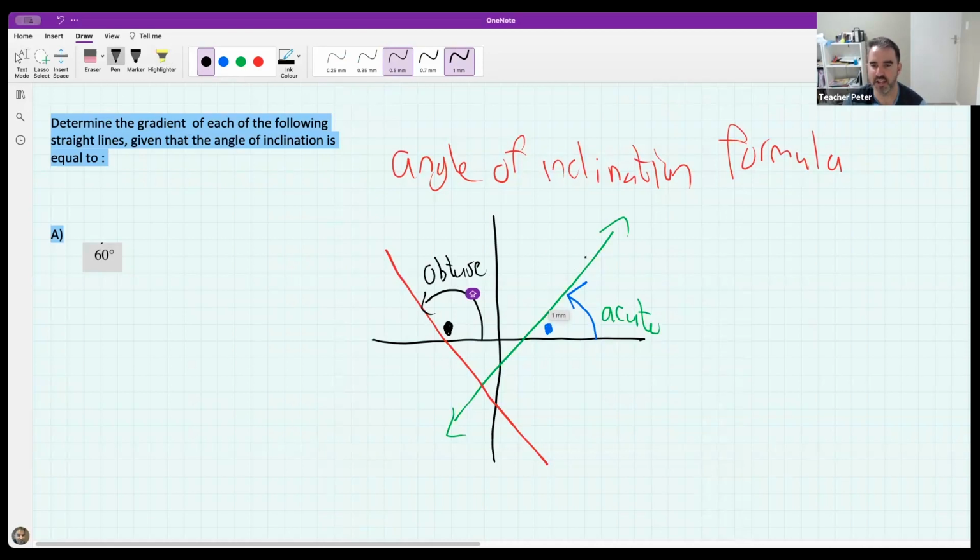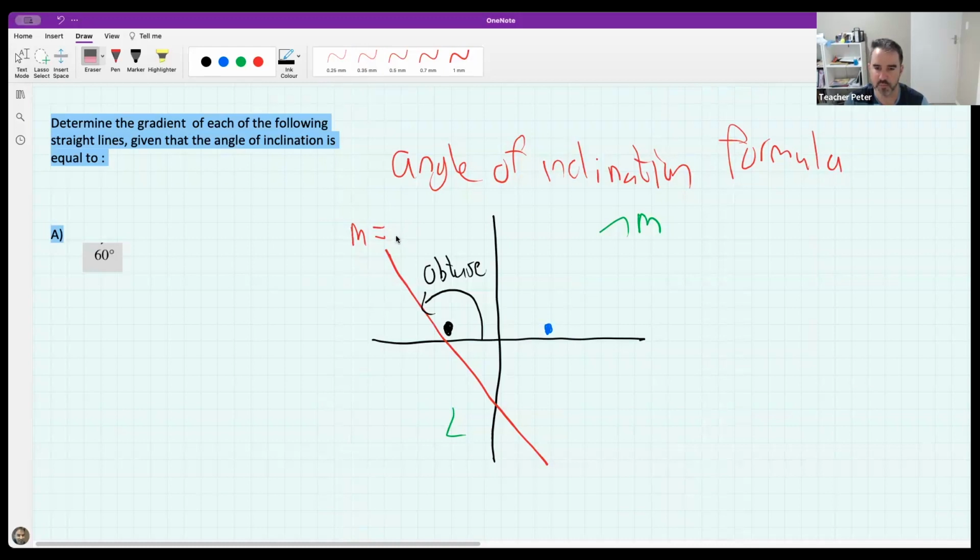And there is a relationship between the gradient of a straight line and the angle of inclination. So if you know what the gradient is, you can work backwards to get what the angle of inclination is. And all that we need to actually do is to realize that there is a right-angled triangle here.